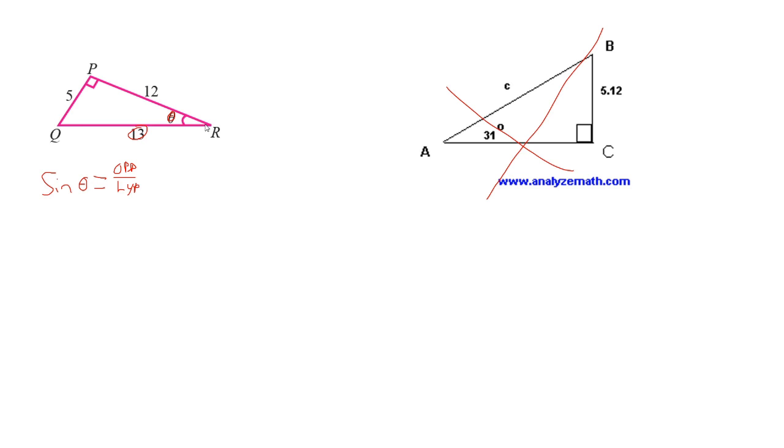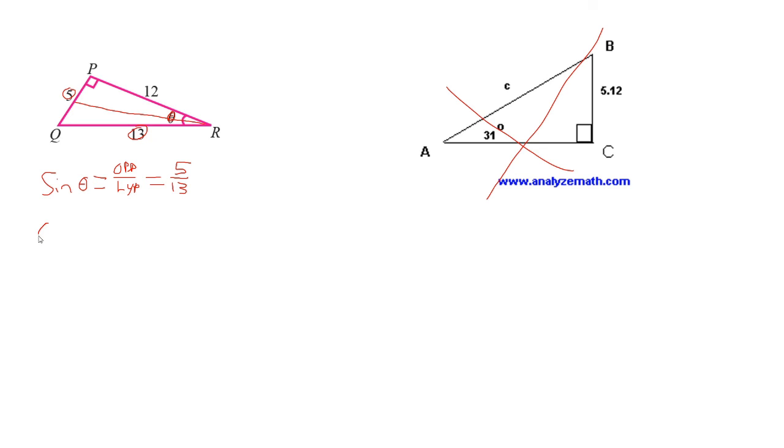For the opposite, we can do the same thing we did earlier. We draw a line straight until it touches one of the legs, and as you can see, it touches 5, so 5 is the opposite. So this is equal to 5, the opposite, over 13, the hypotenuse. So sine of theta is equal to 5 over 13.